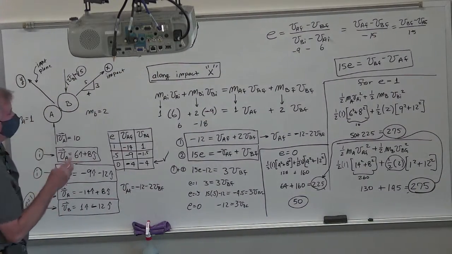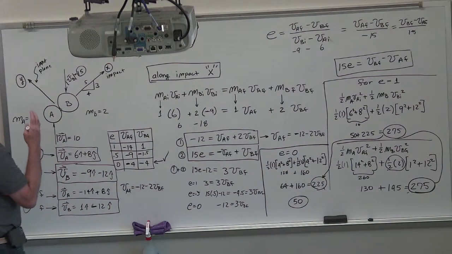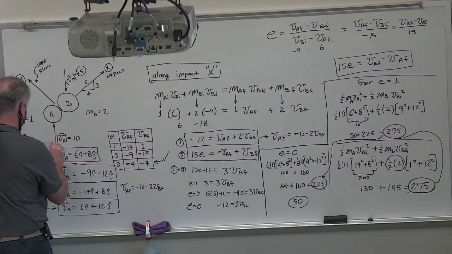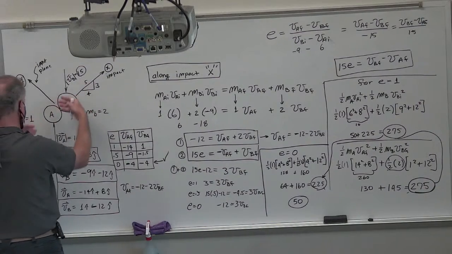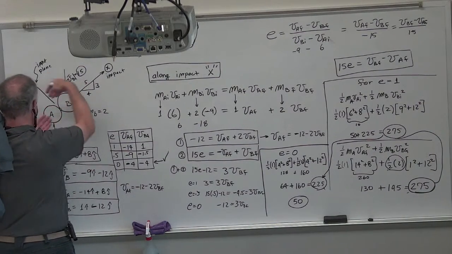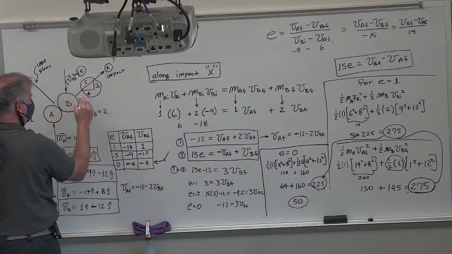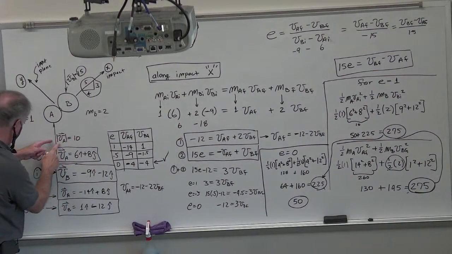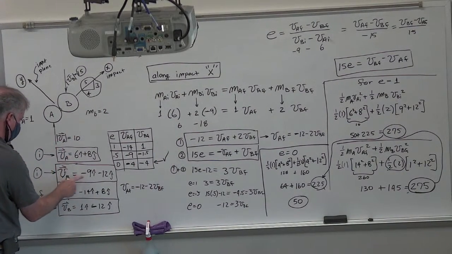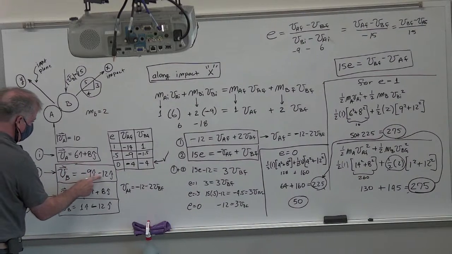So again, let me review this real quick and then I'm going to shut it down. We had velocity specified with a direction. The impact was not along the x or the y, it was off at an angle. I made it like that. Then I went through that little part right here where I broke this into its components along the impact and perpendicular to the impact.